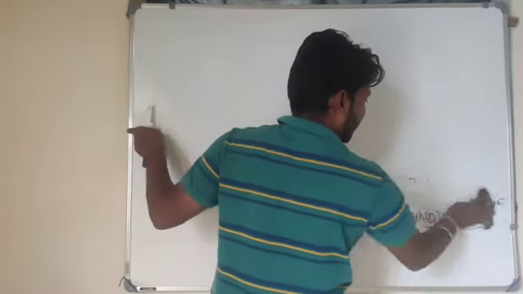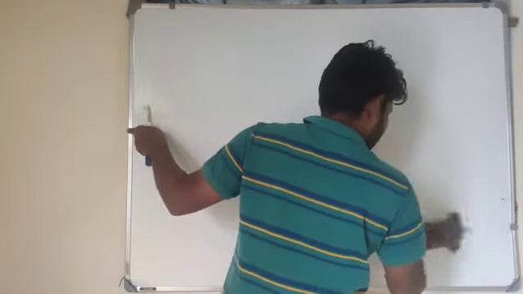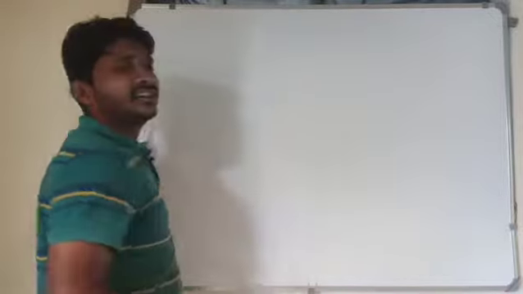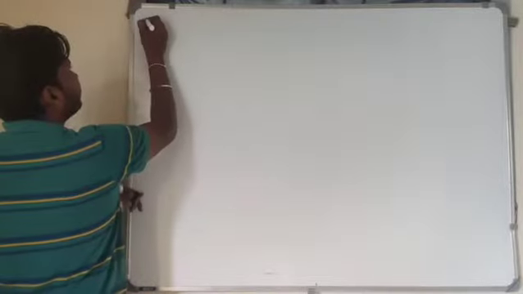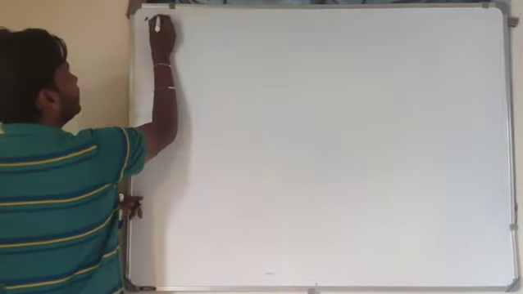If N number of cells are connected in series combination, for example, I will take 10 cells here, those 10 cells I will connect in series combination. Let me make you understand the question here.